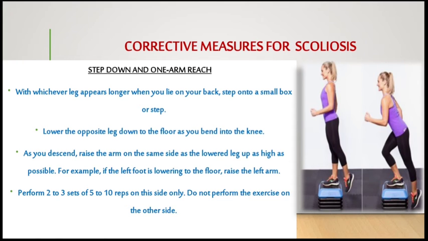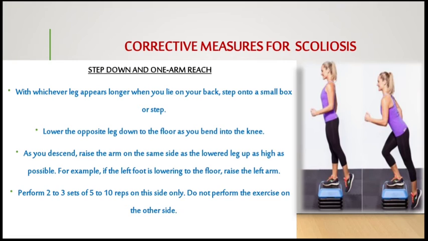So the first corrective exercise for scoliosis is step down and one arm reach. You can see in this picture how to do this exercise.